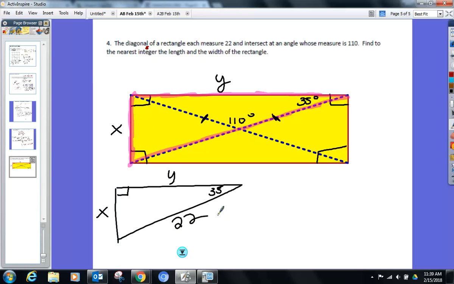So it's up to you right now. Go ahead and find x and y using sine, cosine, tangent, Pythagorean theorem for the second one, whatever you prefer. You decide what you want to use. Got to find x and y because that'll be our length and our width.